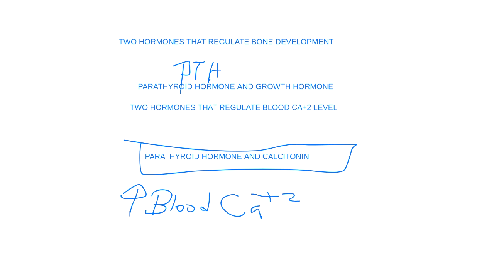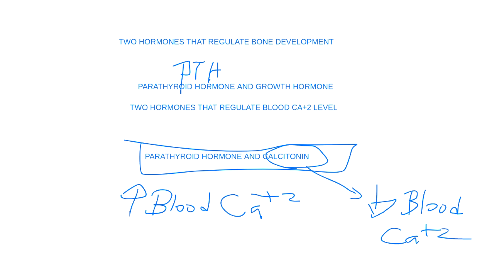While calcitonin's function is to decrease your blood calcium. Right, so you can say there's two types of cell that we saw. One cell is osteoblast, which makes the bone matrix.